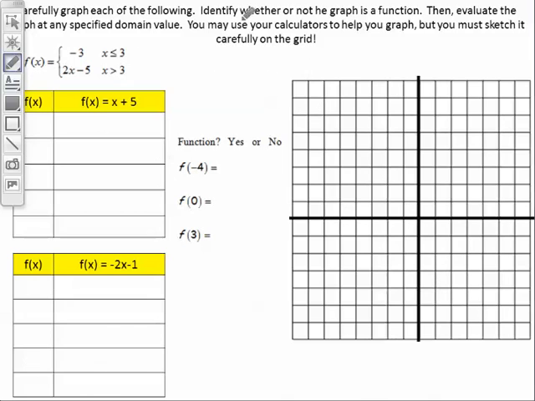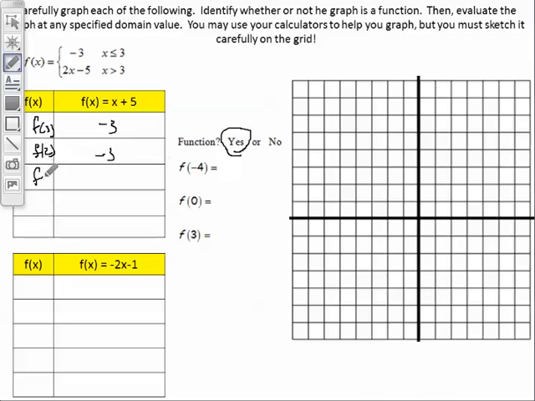Going forward. Look at this piecewise function. So for x less than or equal to 3 and x greater than 3, I can answer real quickly, yes, this is going to be a function. There's no overlap. Okay? So x less than 3. So at f of 3, we're going to get a value of -3. At f of 2, we're going to get a value of -3.